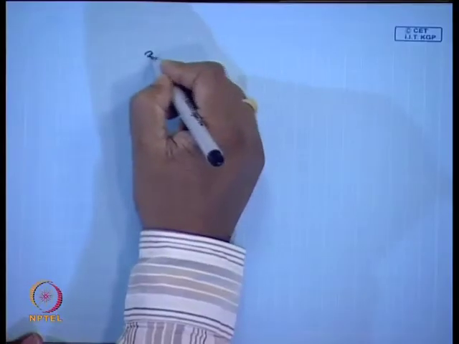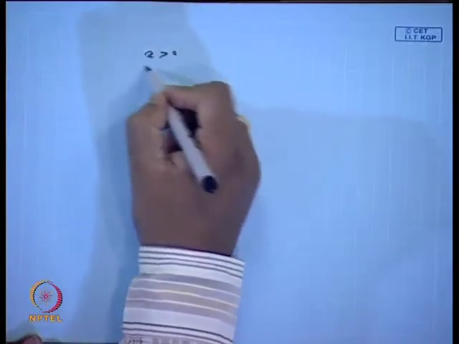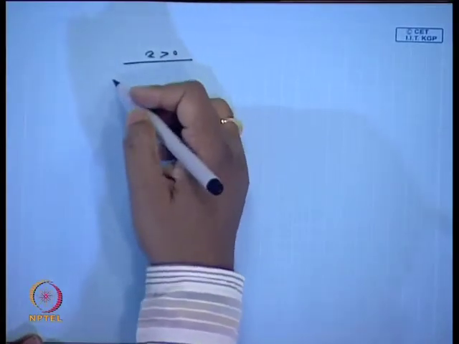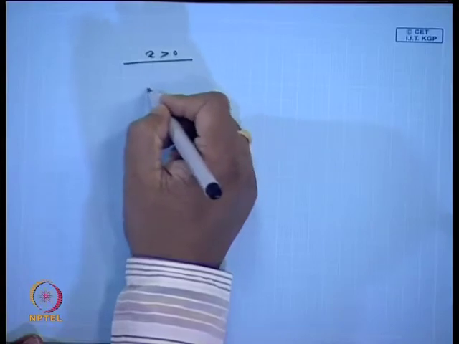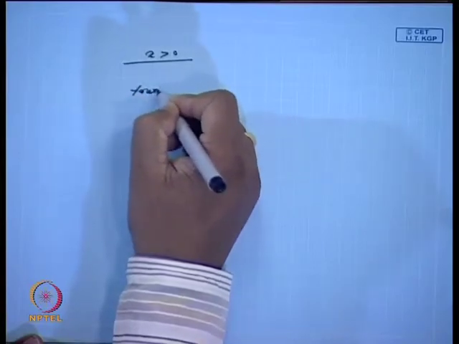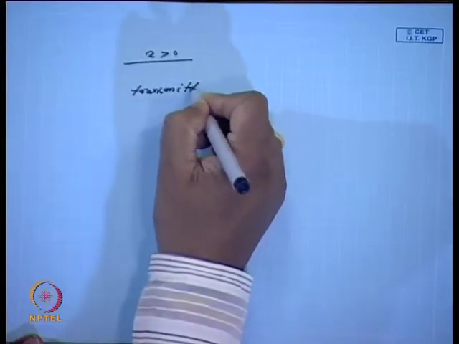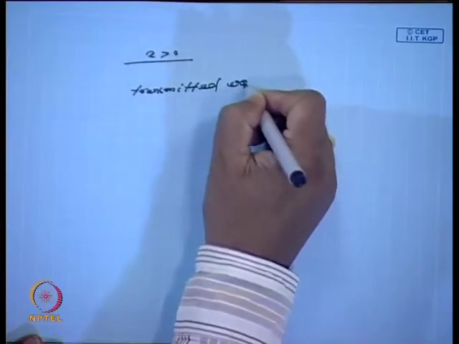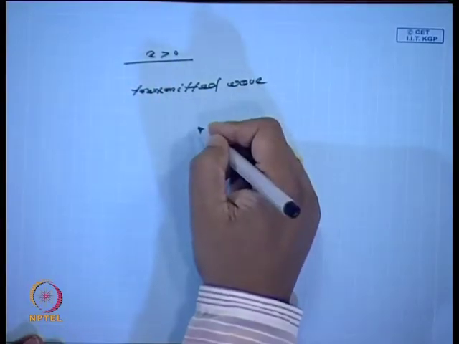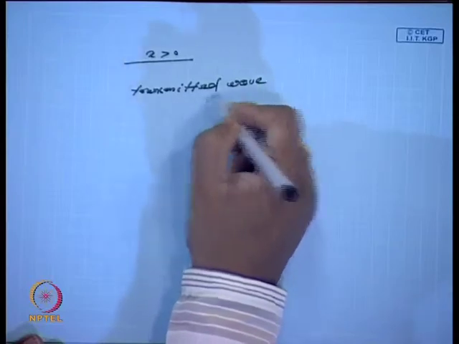On the other hand, in the scattering problem, if I look at the right side for x greater than 0, I will have only one outgoing wave, that is the transmitted wave, because the wave is propagating from the positive side, and then my b 1 will be 0.